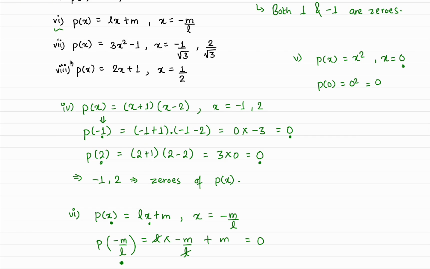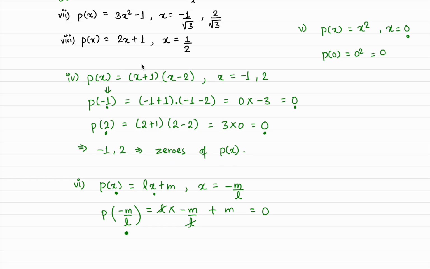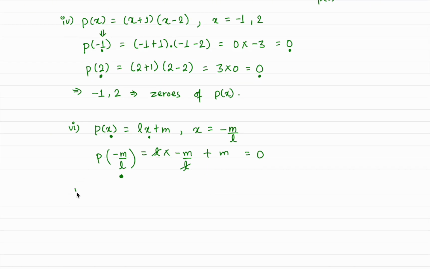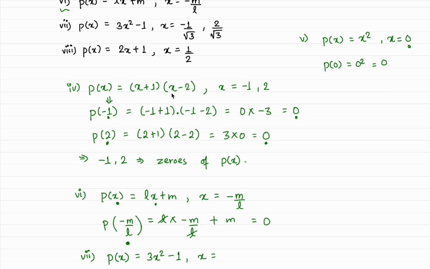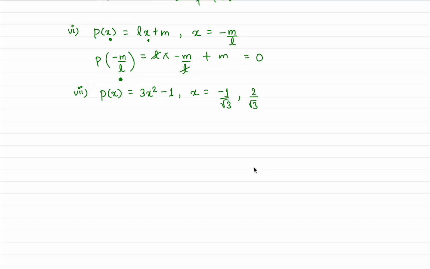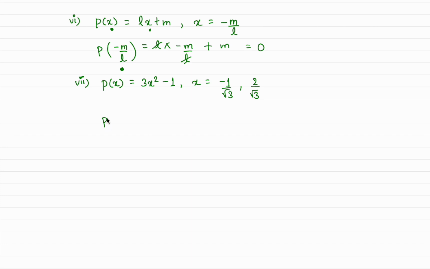Let's do question number 7. So in our question number 7, what do we have? p(x) equals 3x squared minus 1. Let's see which values we need to put. One of the values is minus 1 over root 3, another is 2 over root 3. Again, in the place of x, you put these numbers. So minus 1 over root 3 first.